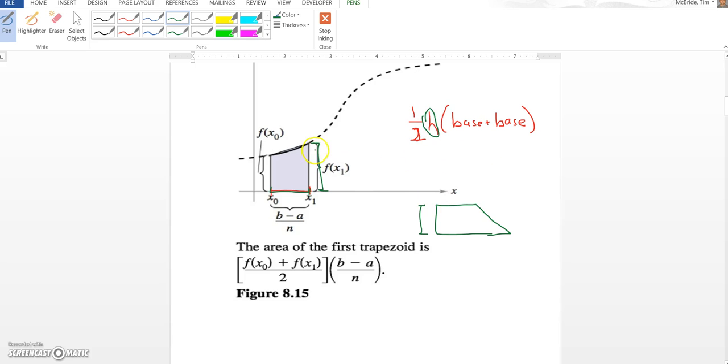That's the height. And then one of the bases is the shorter side, that would be that one, and the other side is here. So we can find all the pieces. This is the first base, second base, and then we divide by 2. And all of this is the height of the trapezoid.